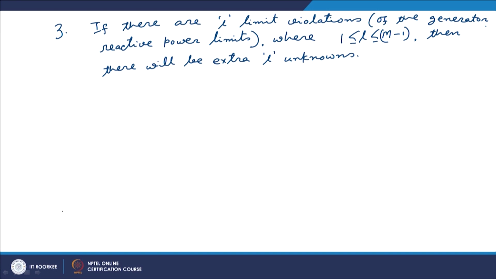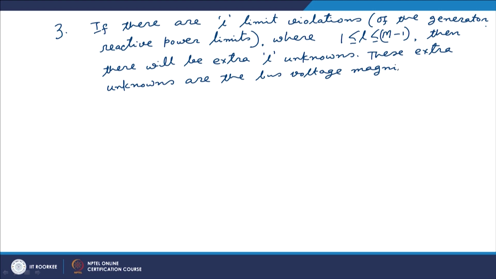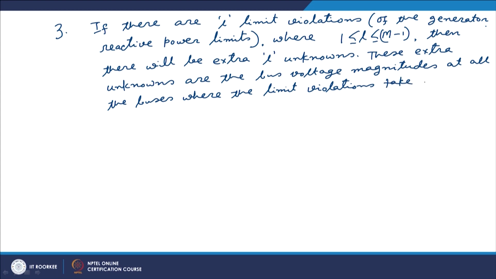Now, what would be these extra unknowns? These extra unknowns are the bus voltage magnitudes at all the buses where the limit violations take place.